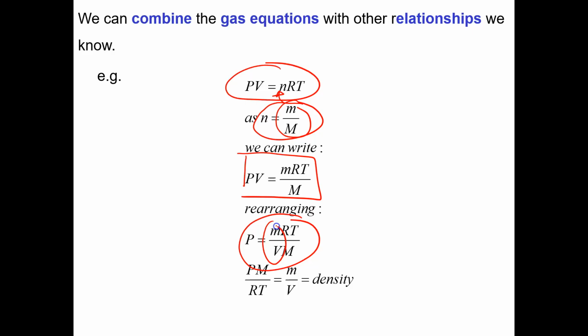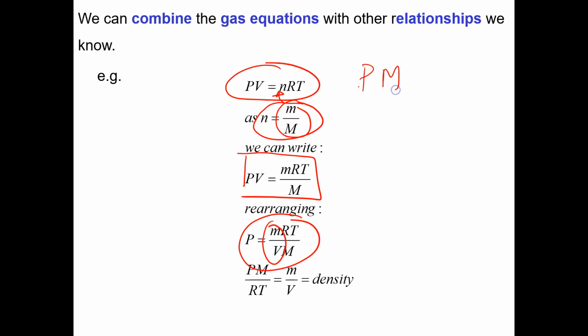And what immediately leaps out is this term here, mass over volume. Because if you recall from our previous work, mass over volume is the same as the density. So what I'm going to do is move everything to the left other than the terms for mass and volume. And that gives me this.